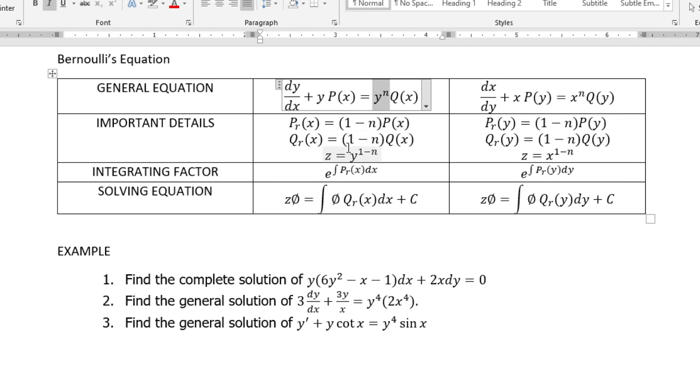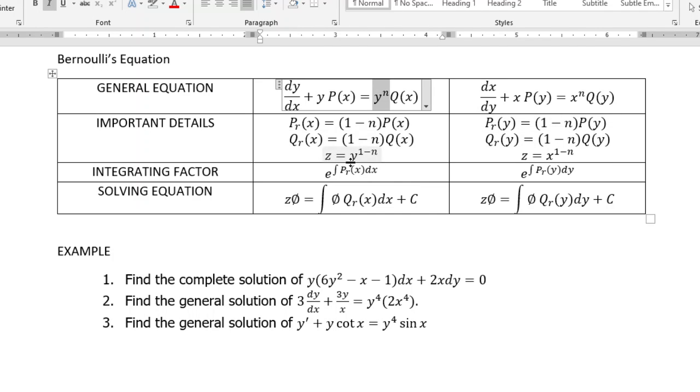QR of x naman, 1 minus n multiplied by q of x. Okay? So, 1 minus n pa rin. Ganun din dun sa kabila, PR of y is equal to 1 minus n multiplied by p of y. And QR of y is equal to 1 minus n times q of y.